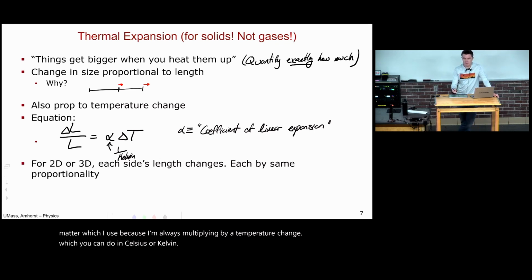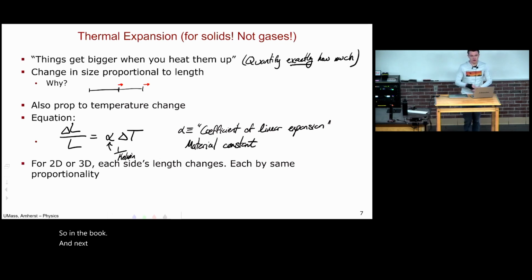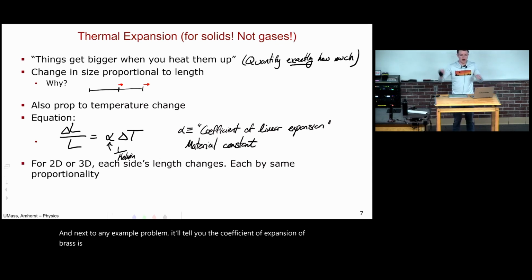And this is a material property, a material constant. So in the book, and next to any example problem, it'll tell you the coefficient of expansion of brass is 1.9 E minus 5, 1 over Celsius.